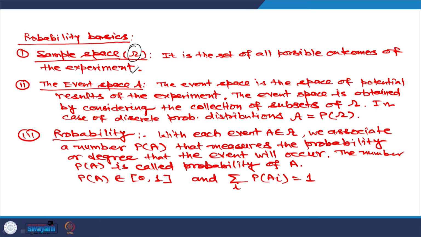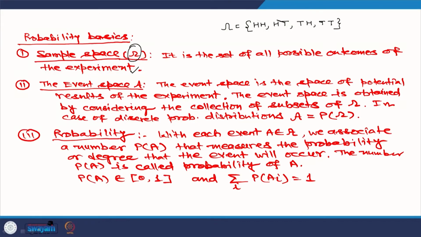For example, for an experiment of tossing two fair coins, the sample space is: first head, second head; first head, second tail; first tail, second head; and both tails. For rolling a fair die, the possible outcomes are 1, 2, 3 up to 6, so the sample space has 6 elements.